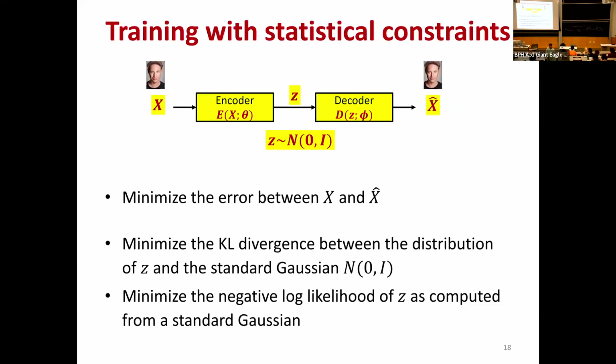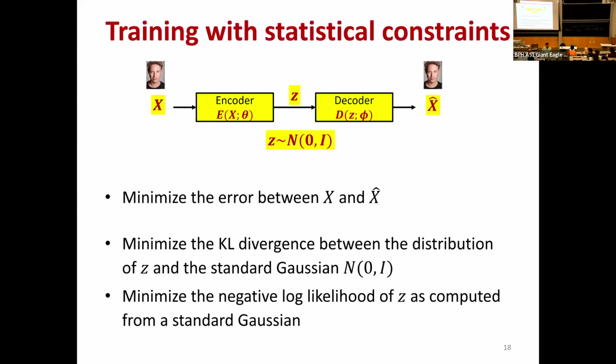But there's another, easier way of doing it. If a variable is Gaussian, then in expectation, the log likelihood of instances of that variable, computed using a Gaussian, is going to be higher than if you compute it using any other distribution.